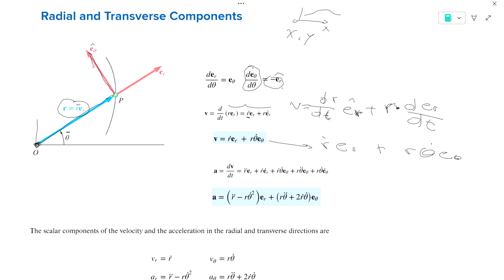Just look at this concept and always remember the change of the e_theta unit vector with respect to theta gives you the unit vector in e_r. And of course, negative, as we saw in statics, because we want to make sure that they're orthogonal.